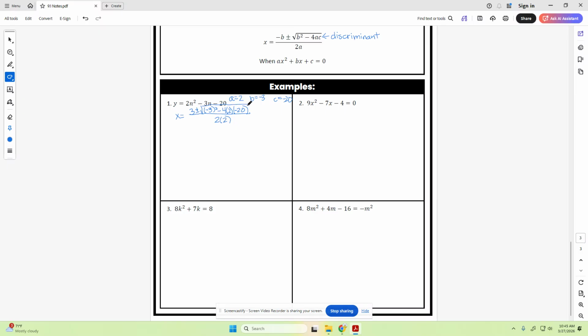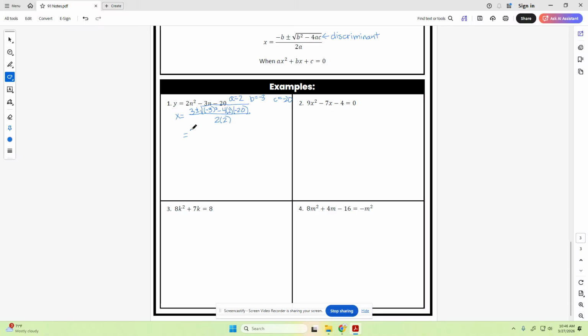So now let's start simplifying. Every time you simplify this, you're following the order of operations, and so the first thing you want to do is remember that this square root is a grouping symbol. So I have to simplify everything underneath here. Basically, I have to find this discriminant before I do anything else. And I can combine steps. I can go ahead and square this and multiply these three things all in one step.